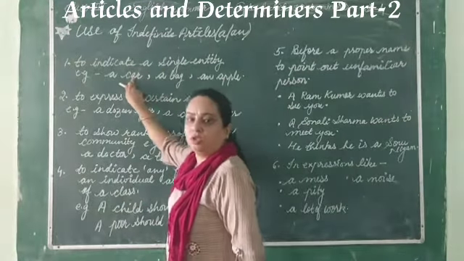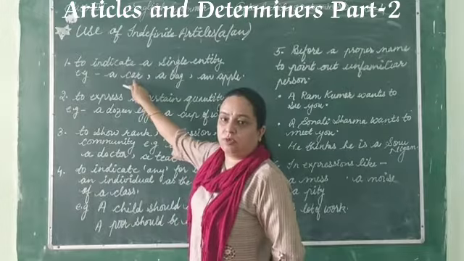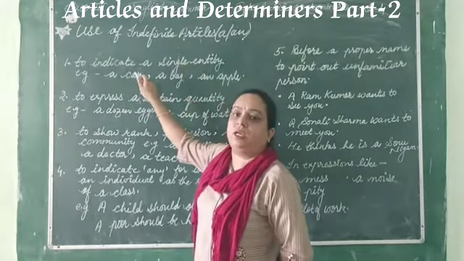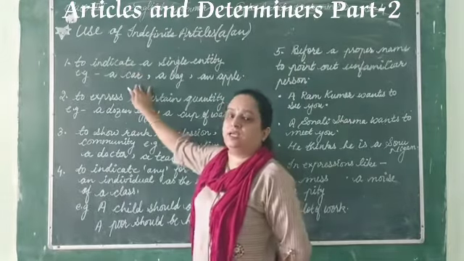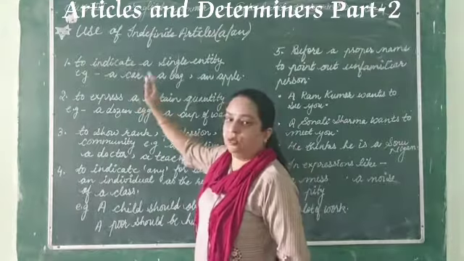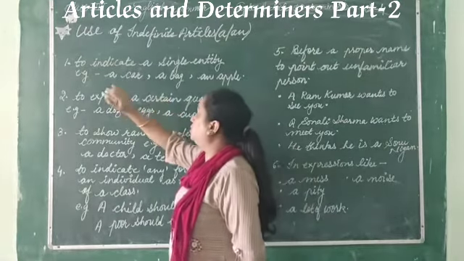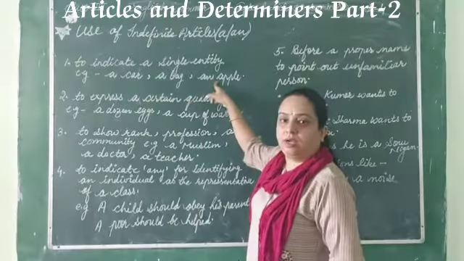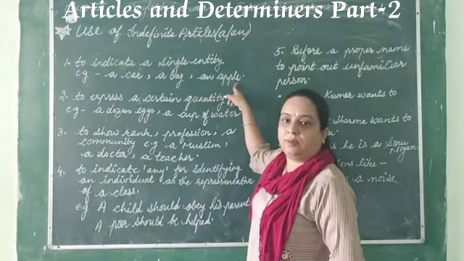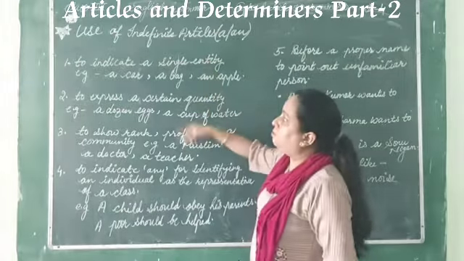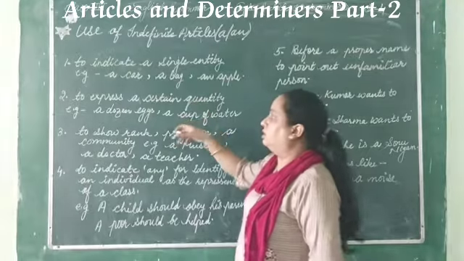If a vowel sound is there, or it is indicating a single quantity or single entity, in that case you can use an, okay? But according to the vowels and consonants. So a car, a bag, an apple, right? Here apple is telling about a single entity, so I have used an.